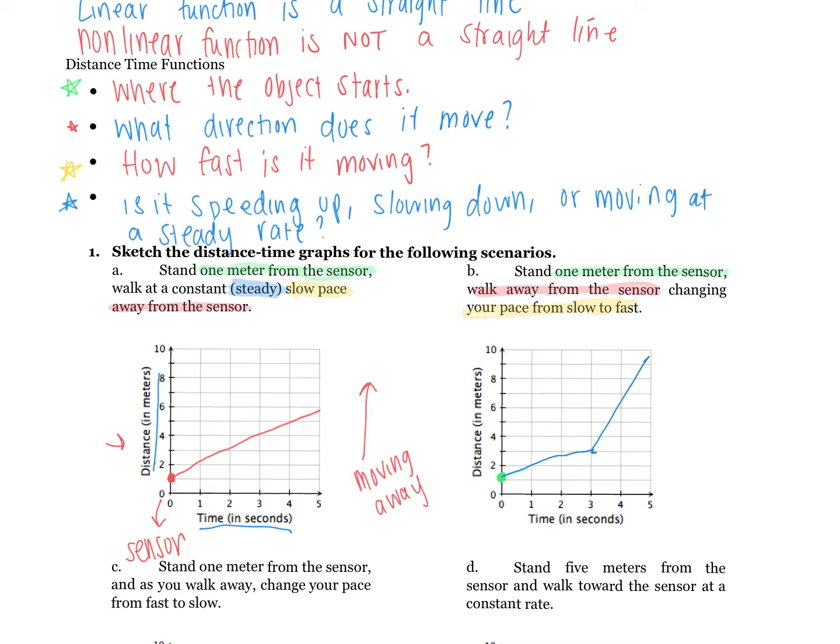Okay, so this is what the graph would look like if we were walking and then decided to sprint. Okay, because as time goes on, at first we were moving slow, so we weren't getting very far from the sensor. But then when you started to sprint, our distance went very quick over just 2 seconds. Okay, so remember, again, this is your sensor here. All right.